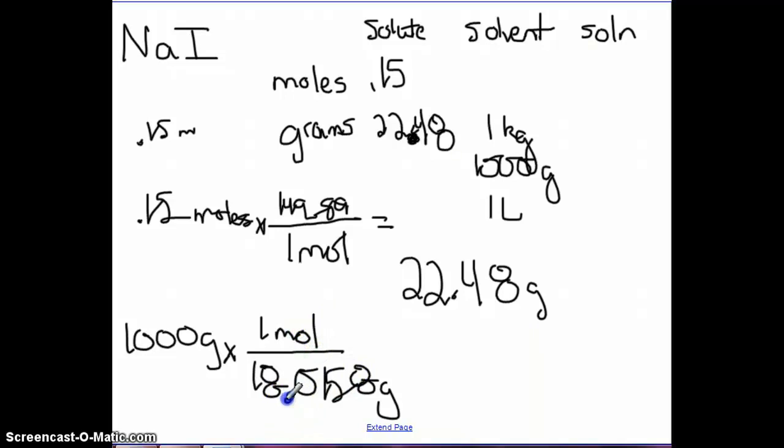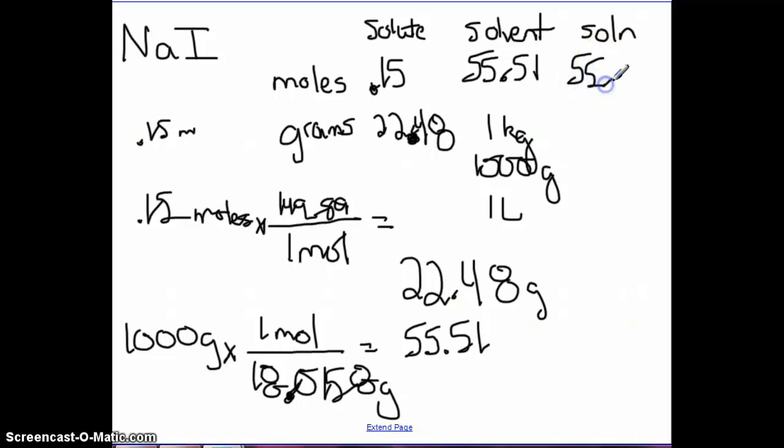That tells us how many moles we have, which is 55.51. We're going to go ahead and fill that in our little chart up here. Now we just add: 0.15 and 55.51 gives us 55.66.